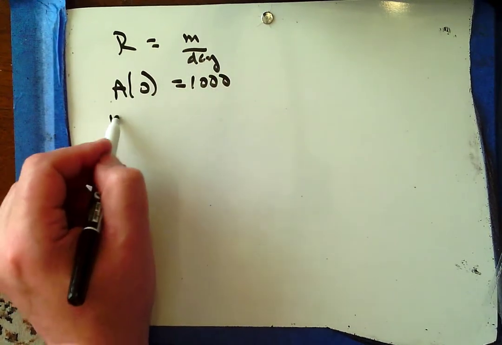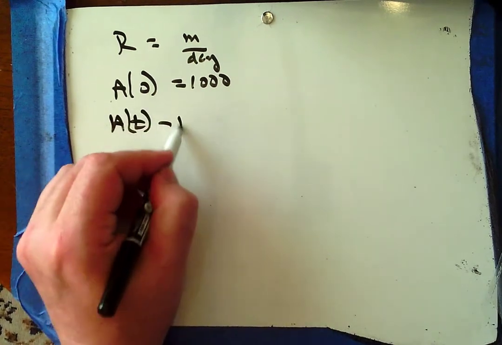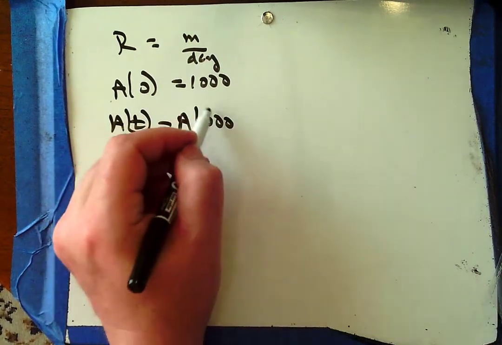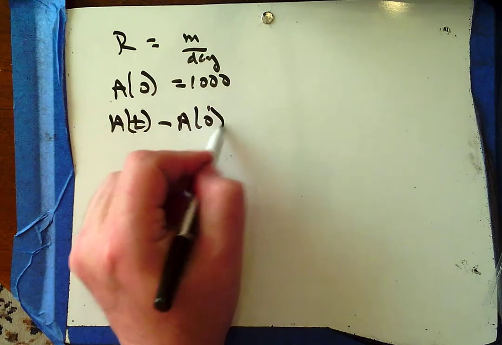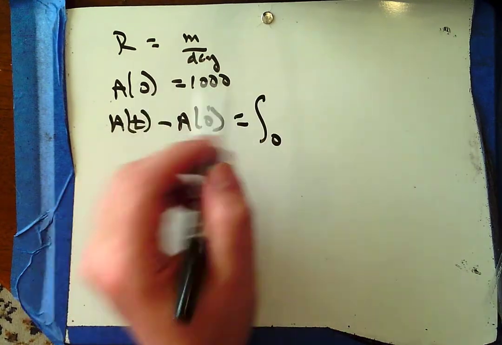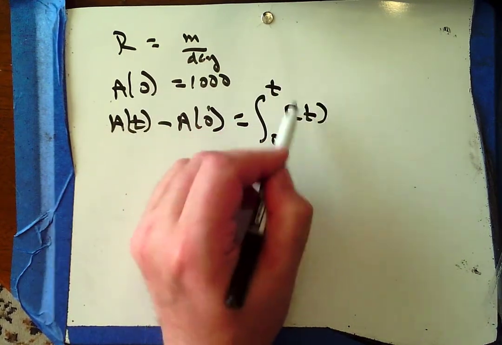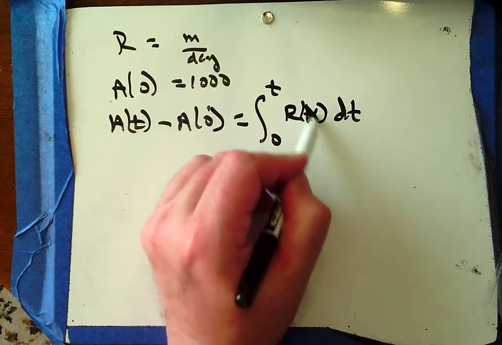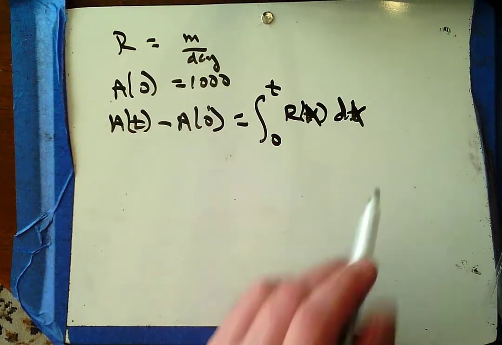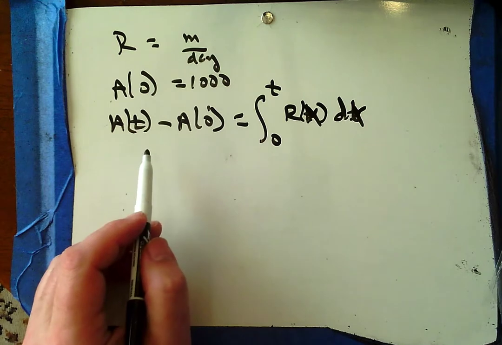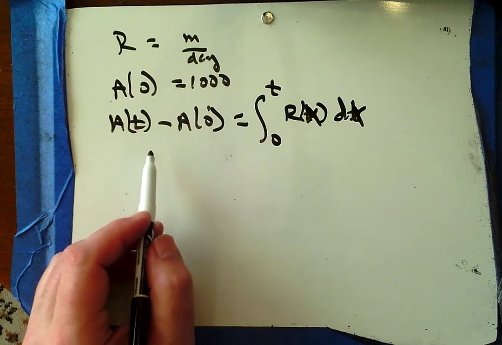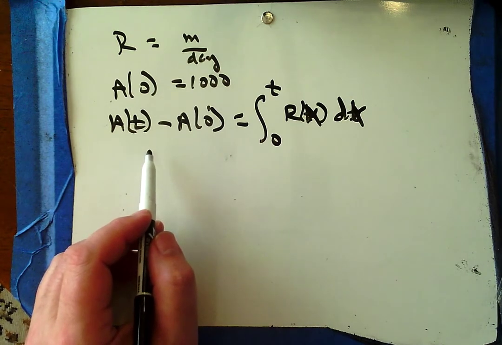And so I can build my amount function, A of t minus A of 0, not 1,000, equals the integral 0 to t of R of x dx. Remember, dummy variable. Okay, so I've got my amount function that I'm probably going to need.